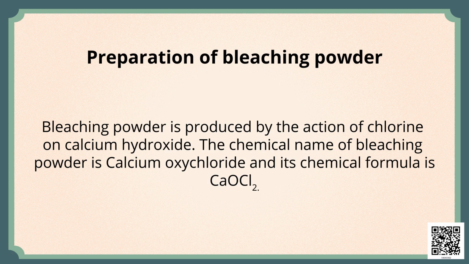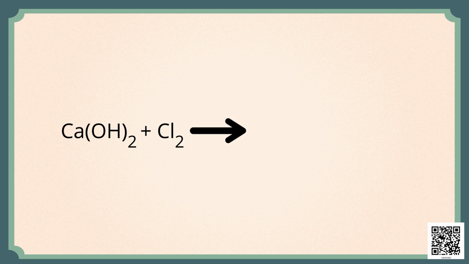Preparation of bleaching powder can be represented in the chemical equation form as Ca(OH)2 plus Cl2 gives CaOCl2, that is calcium oxychloride or bleaching powder, plus H2O.